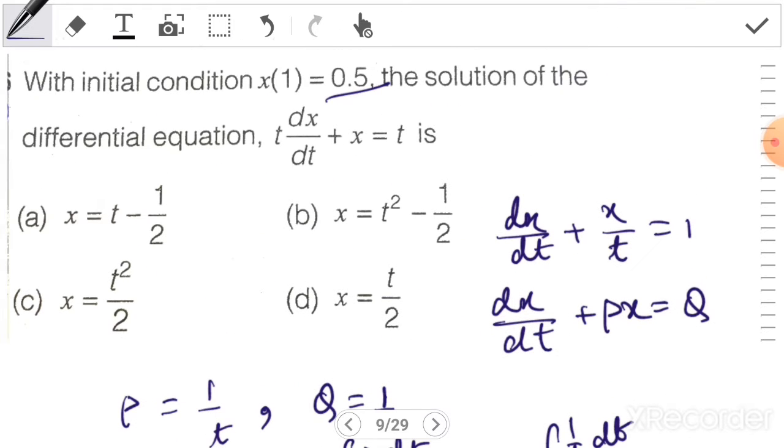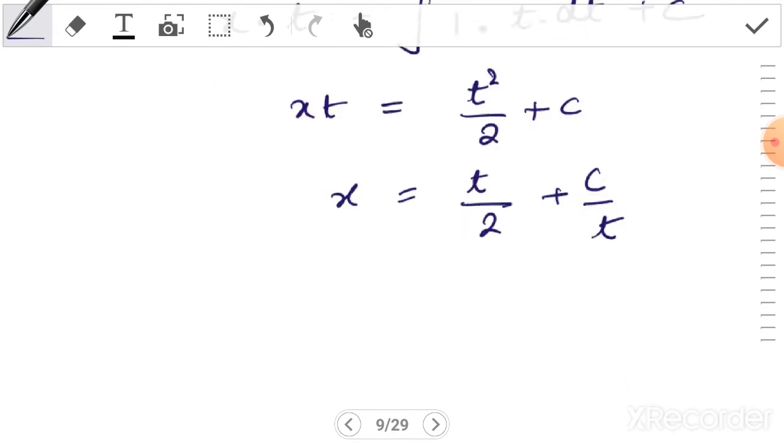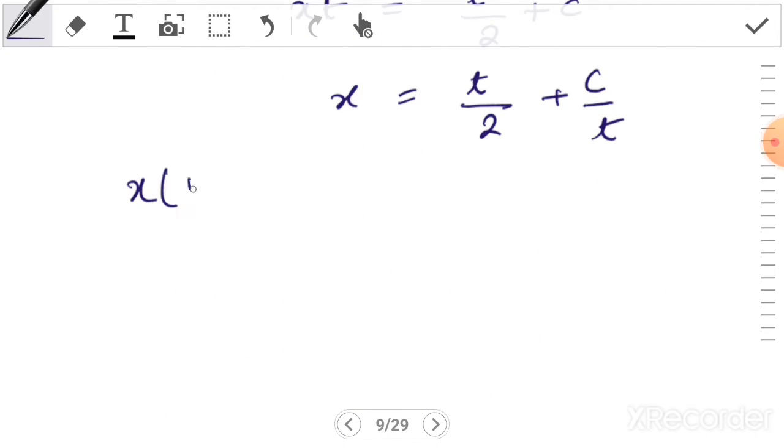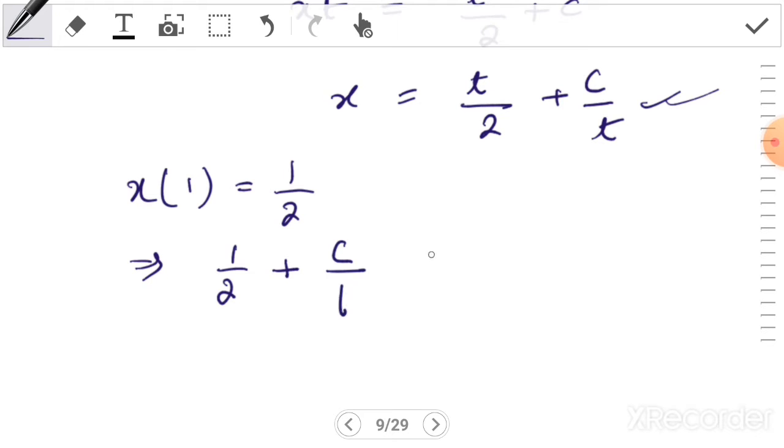Now with initial condition t is equal to 1, x is 0.5. So x at 1 is 1 by 2. Putting this in the equation here, we will have 1 by 2 plus c by 1 is equal to 1 by 2.